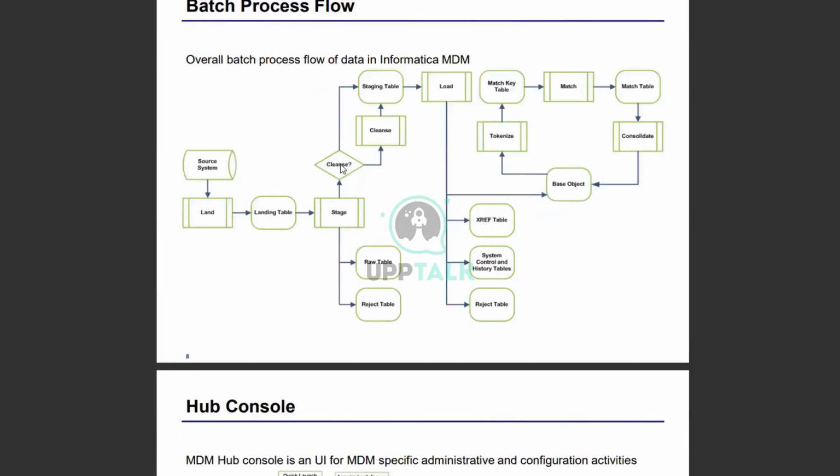Rejects in landing happen for duplicate data or data which is not mapped correctly, or data that is too long. From landing to stage, there are very few rejects. But in the load process, all the validations and referential integrity are checked.